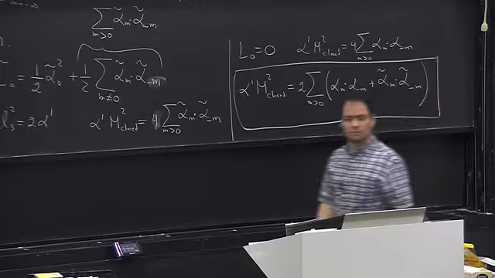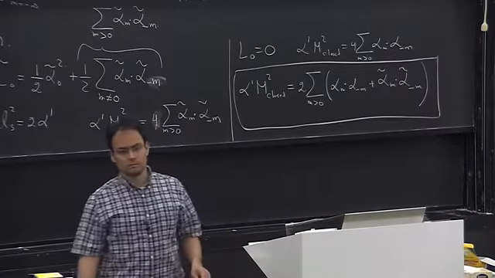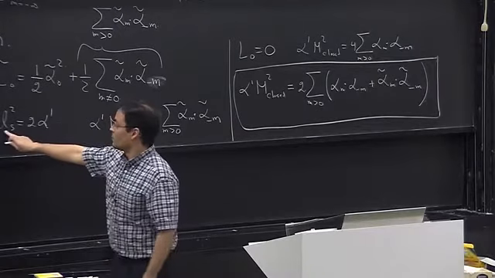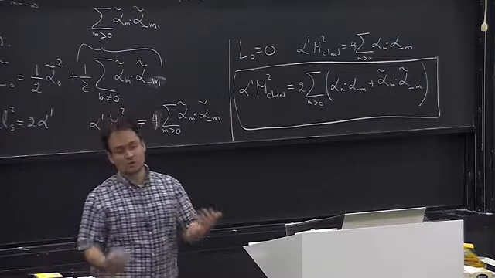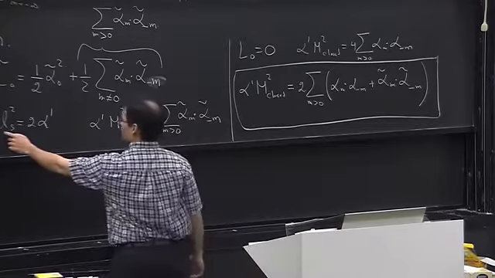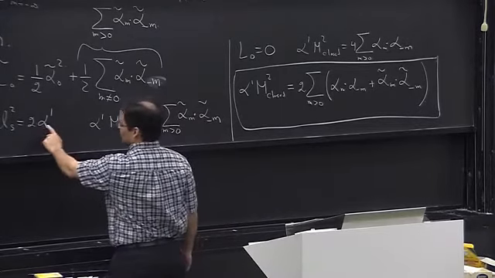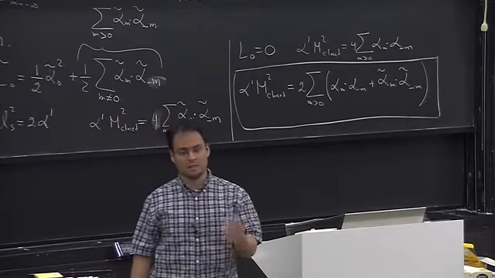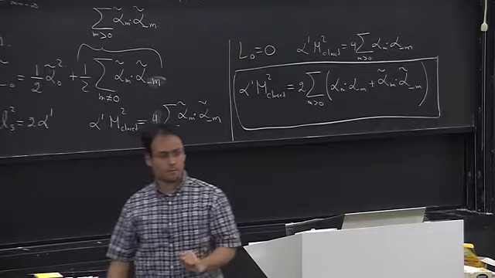Yes? Well, we only have one dimensionful parameter, which is alpha prime, right? So this too is also convention, but remember, alpha prime had to have dimensions of length squared, right?